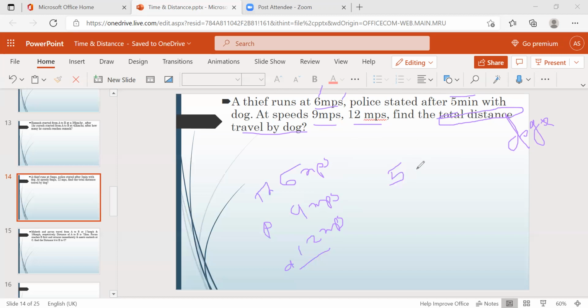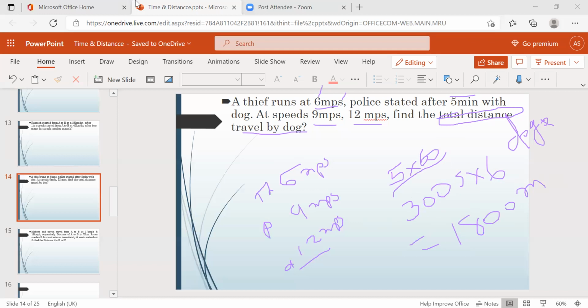So 5 minutes, how many seconds? 5 into 60, 300 seconds he traveled, right? So thief traveled 300 seconds before police started. 300 seconds into 6 is nothing but 1800 meters. He already traveled 1800 meters.